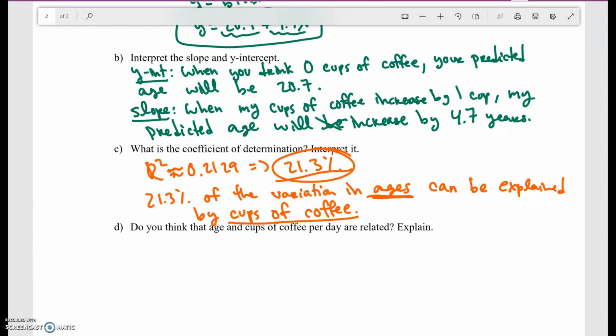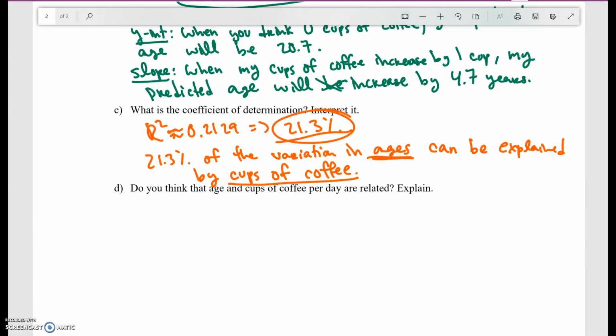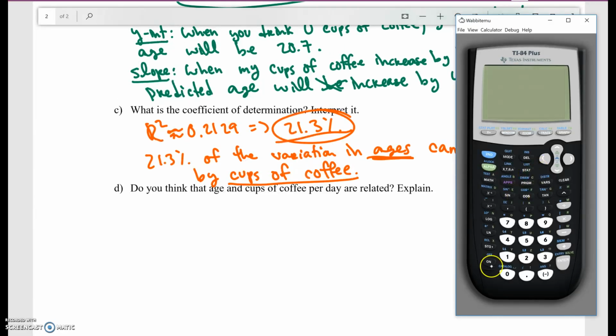Now part D says, do you think that age and cups of coffee per day are related? Explain. Based on our data, our correlation is about 0.46, which is pretty weak. It's a weak positive correlation. And our R squared value is also 21.3%.